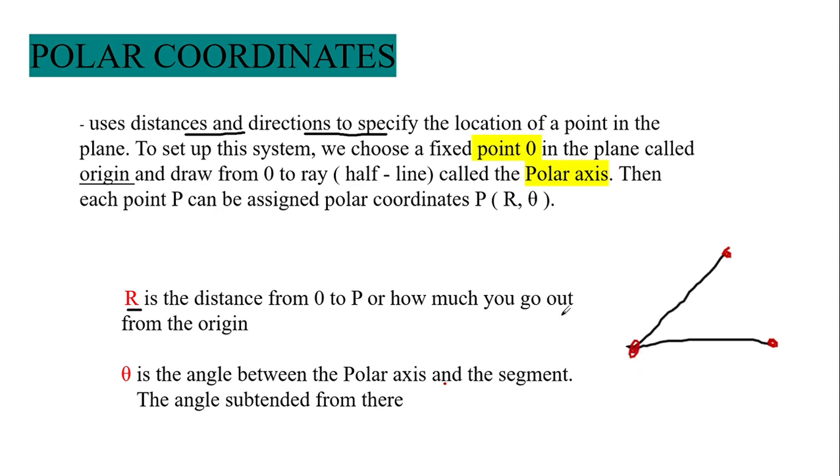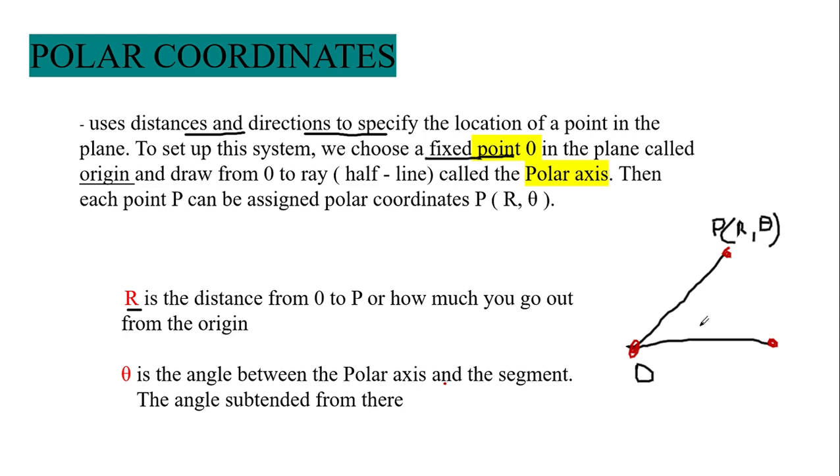And when we say origin, it is a fixed point, and it is denoted by O. And this point is our P, which contains r and theta. It's like that.